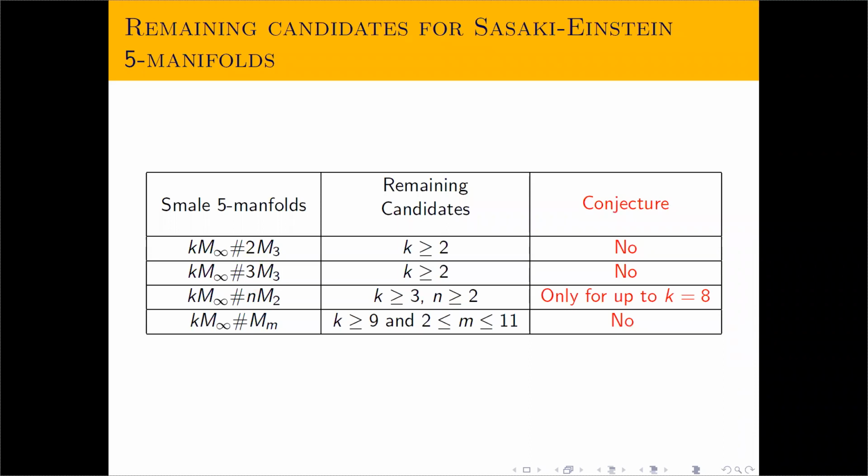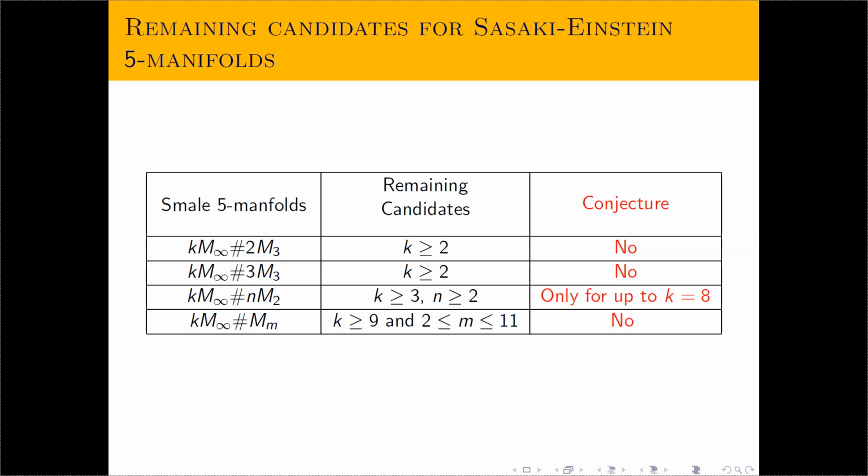So we guess that the first 2 types of small 5-manifolds never allow the Sasaki-Einstein metric, and the last type also never allows the Sasaki-Einstein metric.